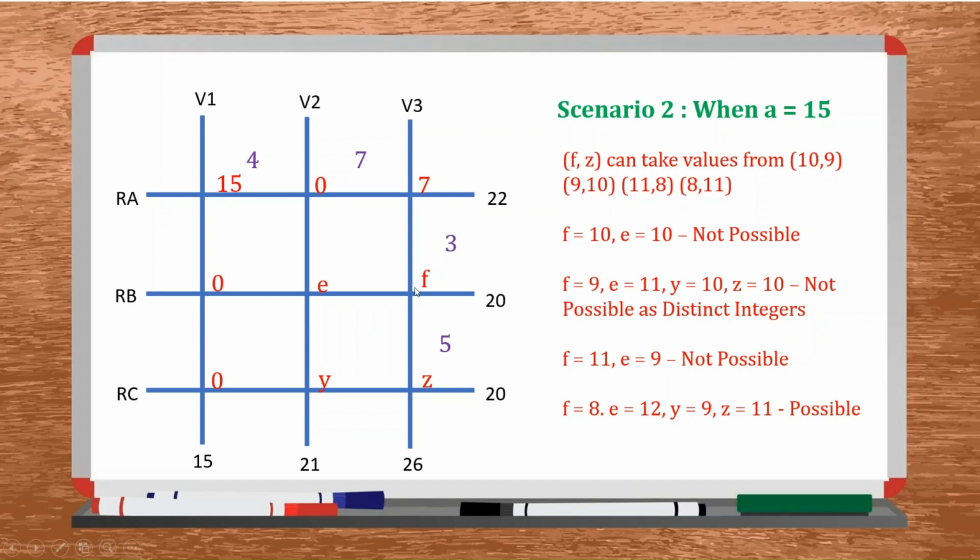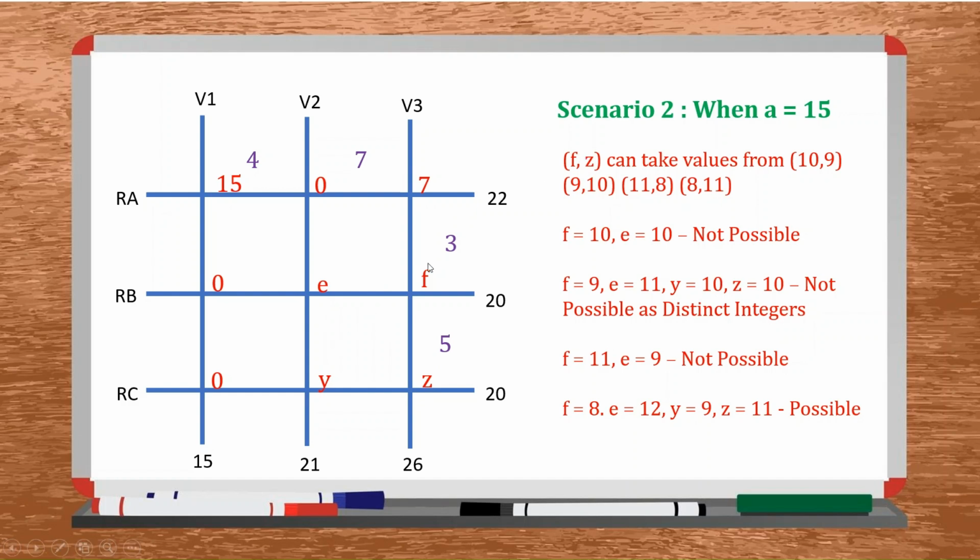If F equals 11, then E would be equal to 9, which is also not possible because E is the second largest number that we have. So that's also not possible. So the only scenario possible is F equal to 8, then E would come out to be 12, Y would come out to be 9, and Z would come out to be 11. So this is the only possible solution that we have.